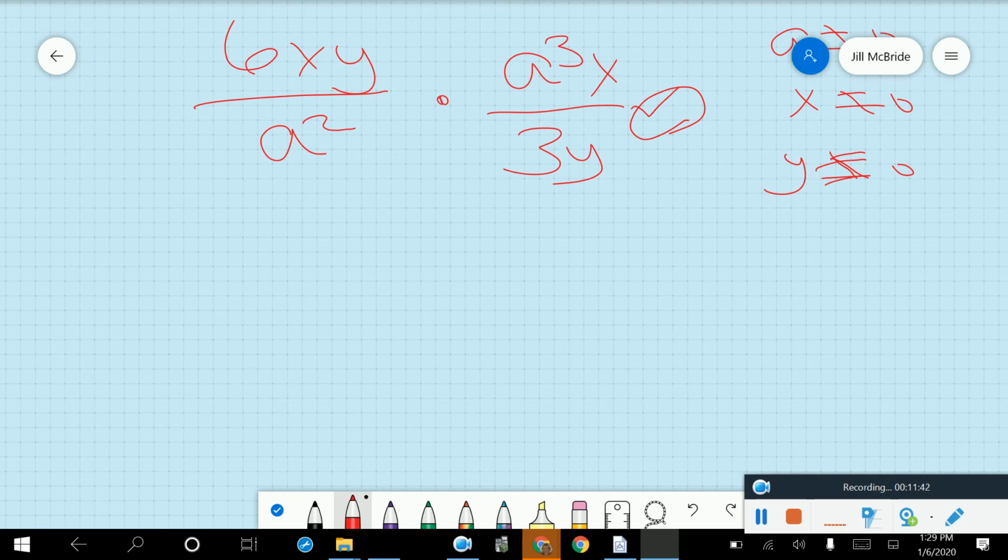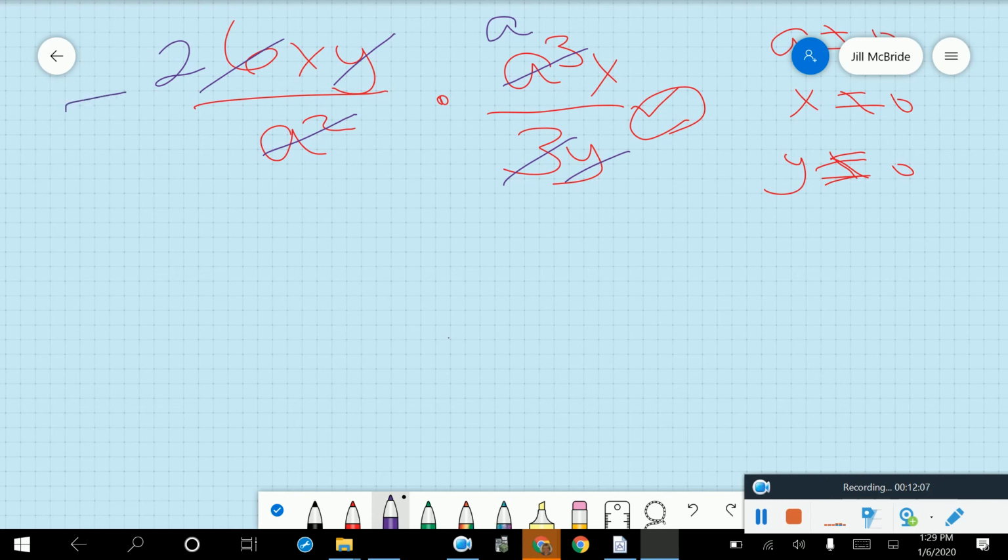Now we can start canceling away. This a squared can cancel with this a cubed to be a. Now the x's can't cancel because they're both in the numerator. This y can cancel with that y. This 3 can cancel with this 6 to be 2. And then if you remember fractions, you multiply straight across.